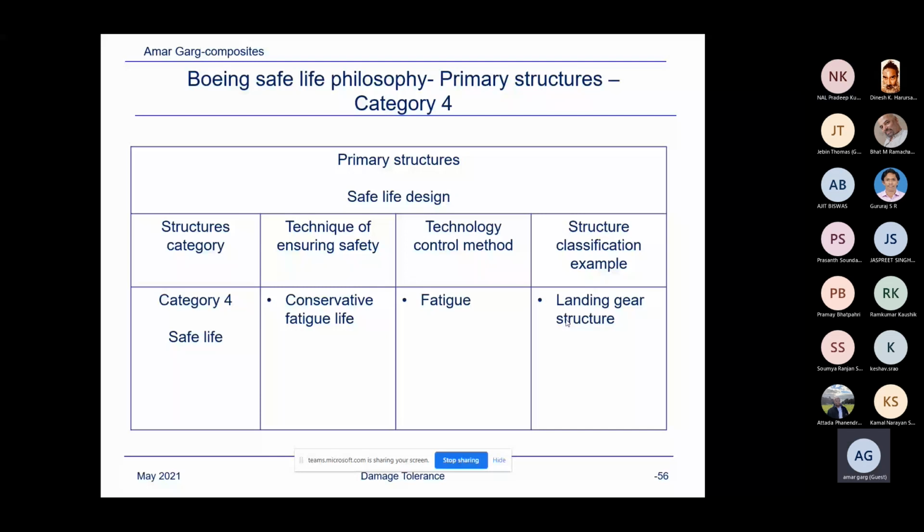One could simplify. Of course, they have developed complex methods, but the simplification would be the diagram which I showed you for the inspection interval. Slow crack growth, if you can determine that, and evident during inspection intervals, that's how you will do it.